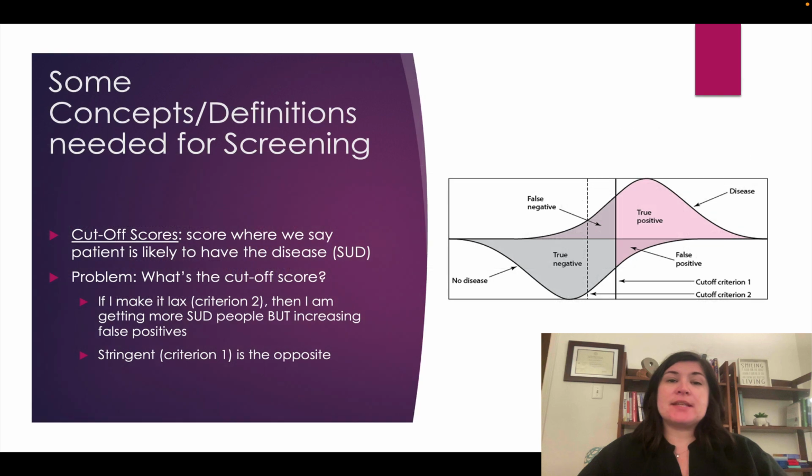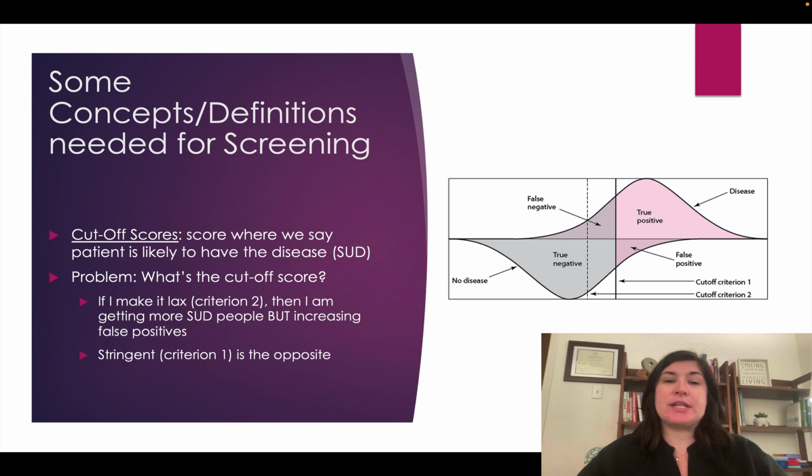The way that we do this is through cutoff scores. These are the scores where we say a patient is likely to have the disease, so a substance use disorder. The problem with cutoff scores is where to put them. If you take a look at the graph, you can see that there are two lines, criterion 1 cutoff and criterion 2 cutoff.